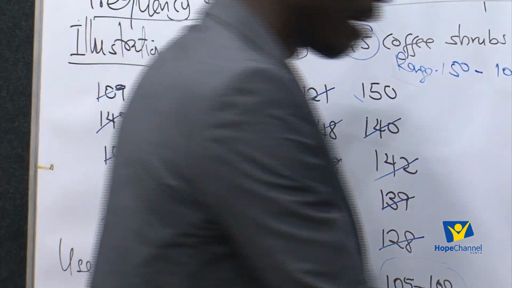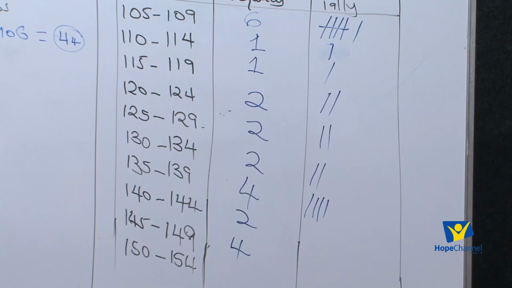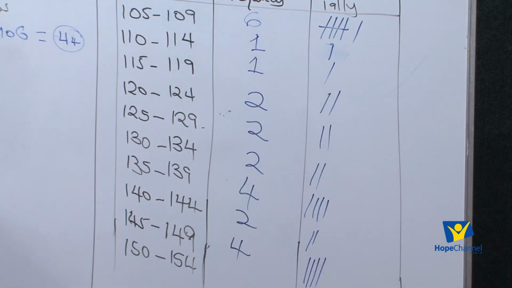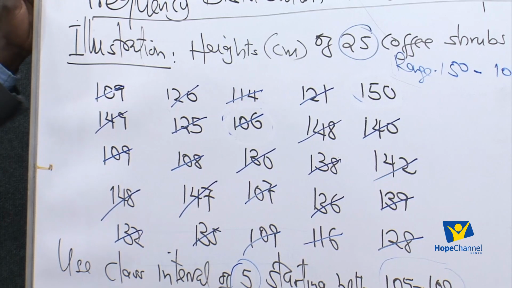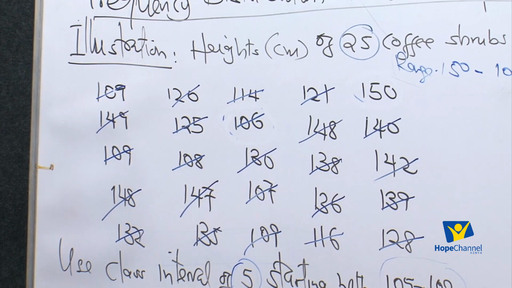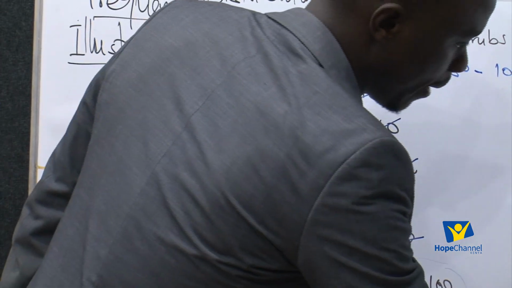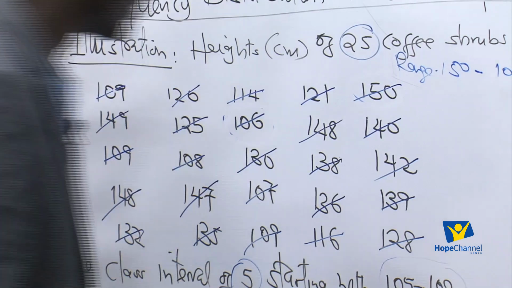Here we are having 4. So these ones were 2, these ones were 4. Good. Then 150 to 154. We can see it is only 1.